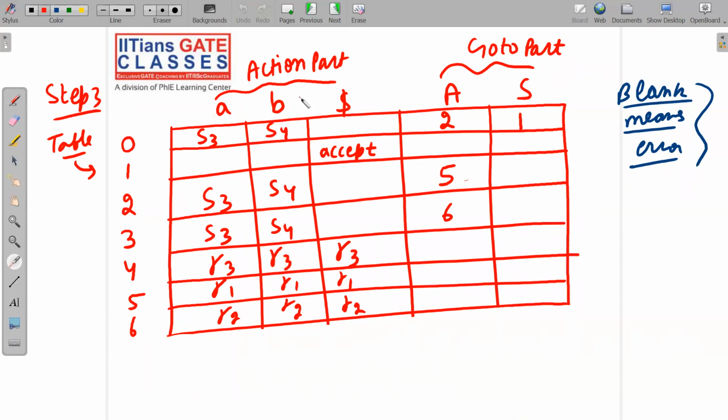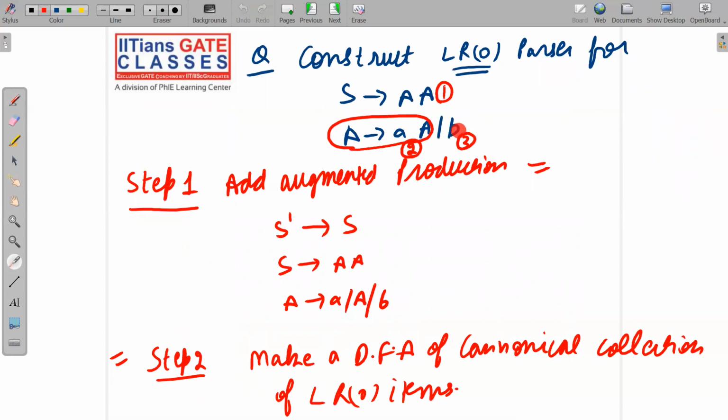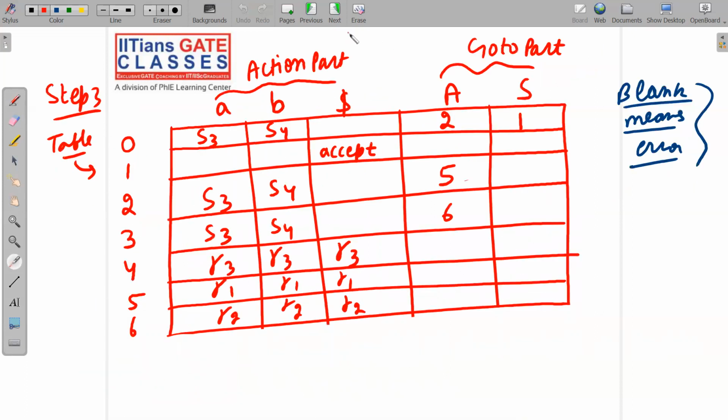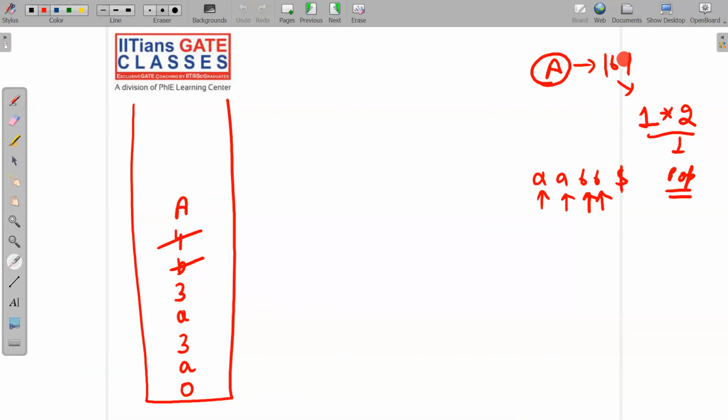Production number 3 was A goes to small b. The length of small b is 1, which will be multiplied by 2. So how many symbols will be popped off? 2 symbols will be popped off and the LHS will be pushed onto the stack.